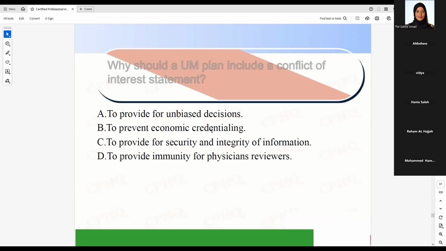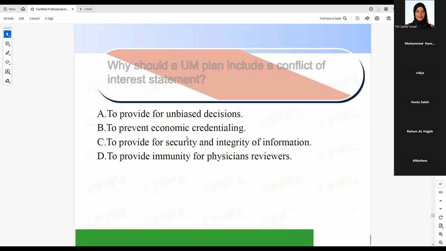So guys, I'm not sure if it's breaking up from my side, but what are the answers? C. To prevent economic credentialing. Okay, sorry. Can you put it in the chat? For some reason, I'm not able to hear all. It should be B. So somebody said B. What are the other options?